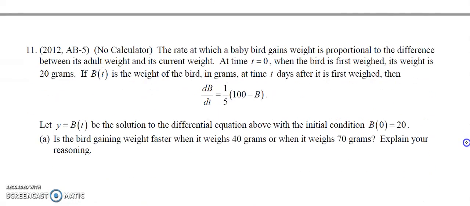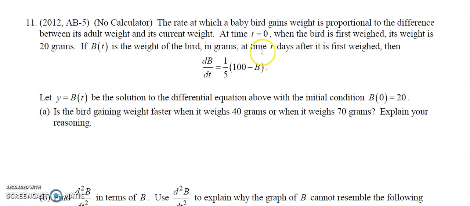Okay, so number 11, free response. Read through it. Of course, you've already did. So is the bird gaining weight faster when it weighs 40 grams or slower? So gaining weight faster, it's a rate of the rate it changes.